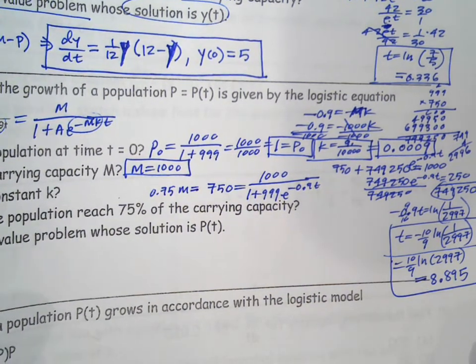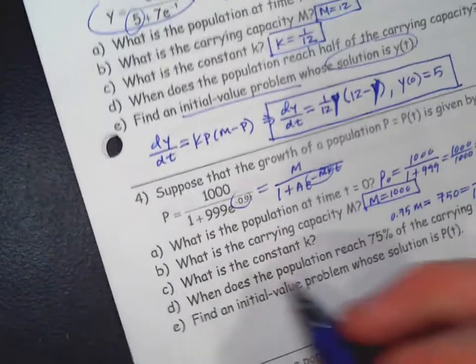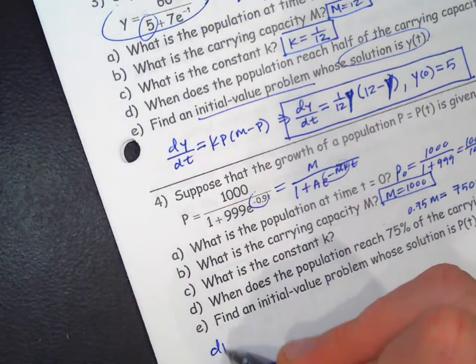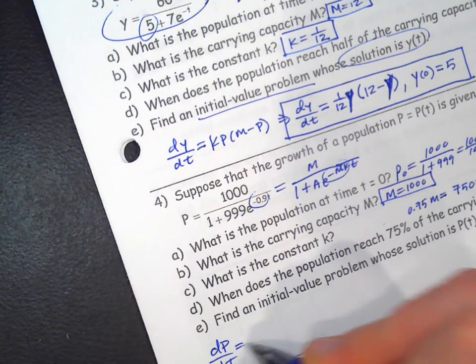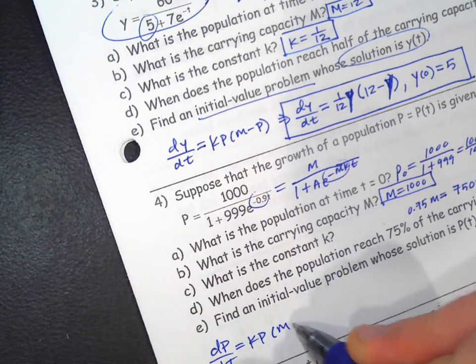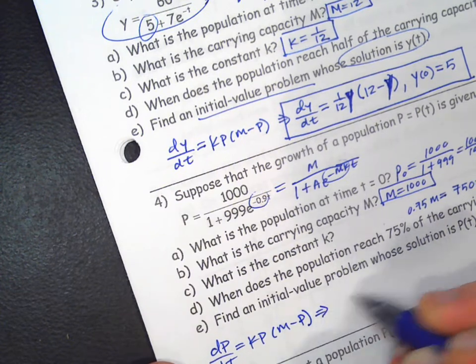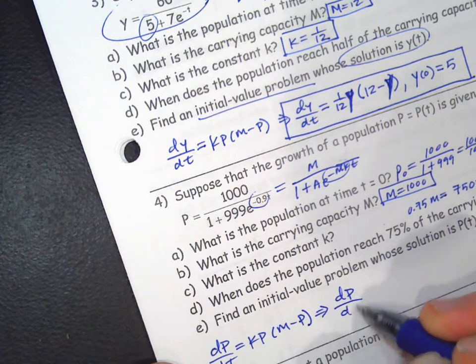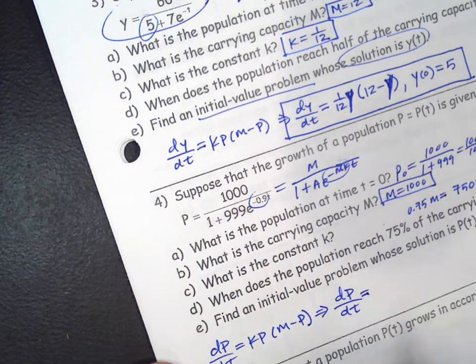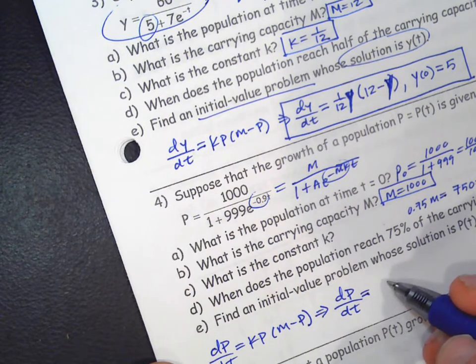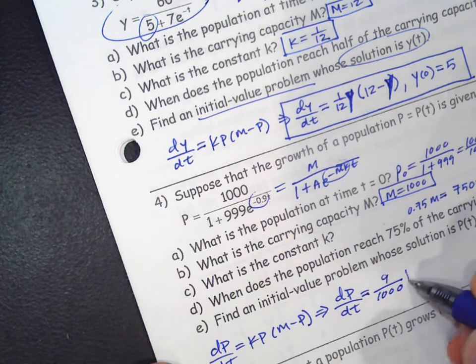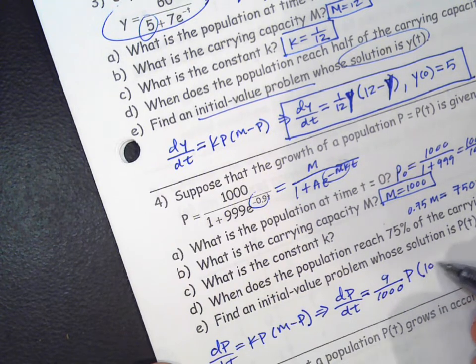Now it says find the initial value problem. So we're going to do dp dt equals kp times n minus p. So we're going to get dp dt equals k, which, let's see, we found that somewhere. 9 over 1,000 p, and the carrying capacity was 1,000 minus p.